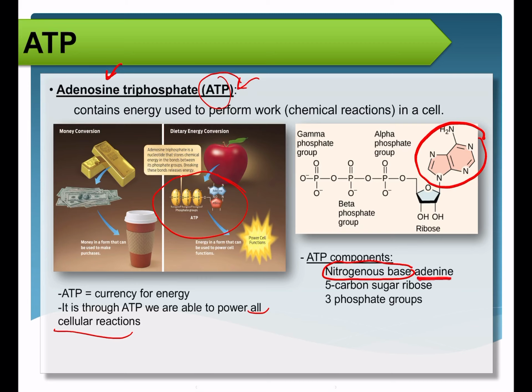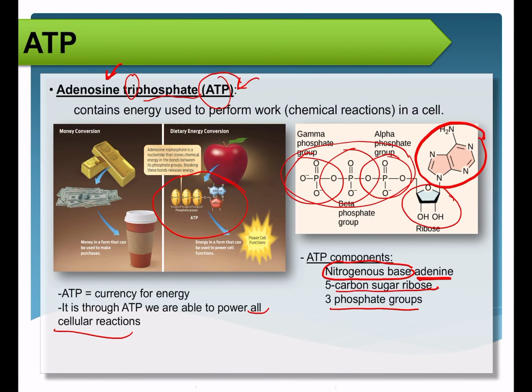It also has the same 5-carbon sugar, ribose, right here as we have seen. And then lastly, in the third component of ATP, instead of having just one phosphate group, and that's why the name is triphosphate, it has 3 phosphate groups at the end right here. 1, 2, and 3.